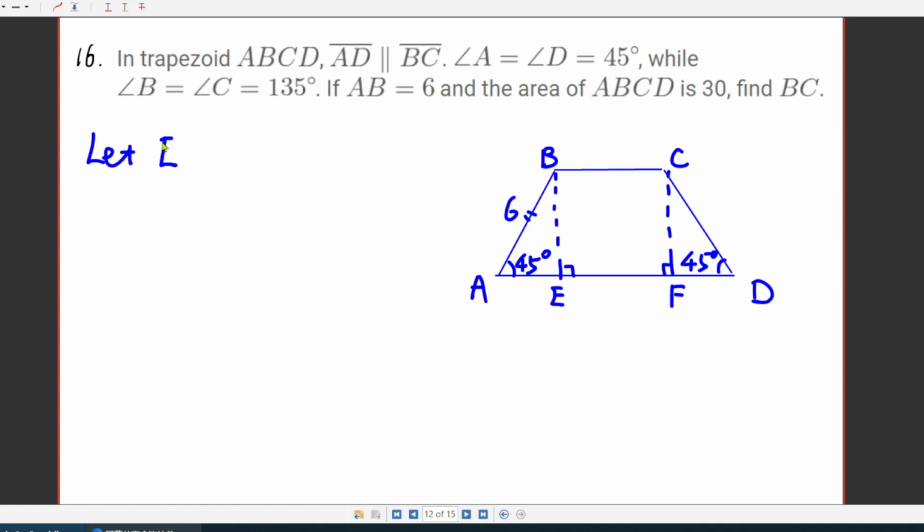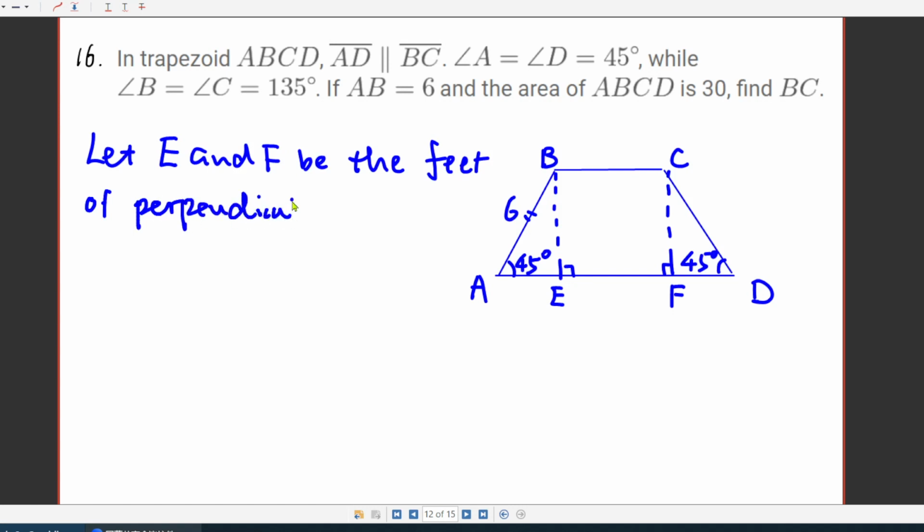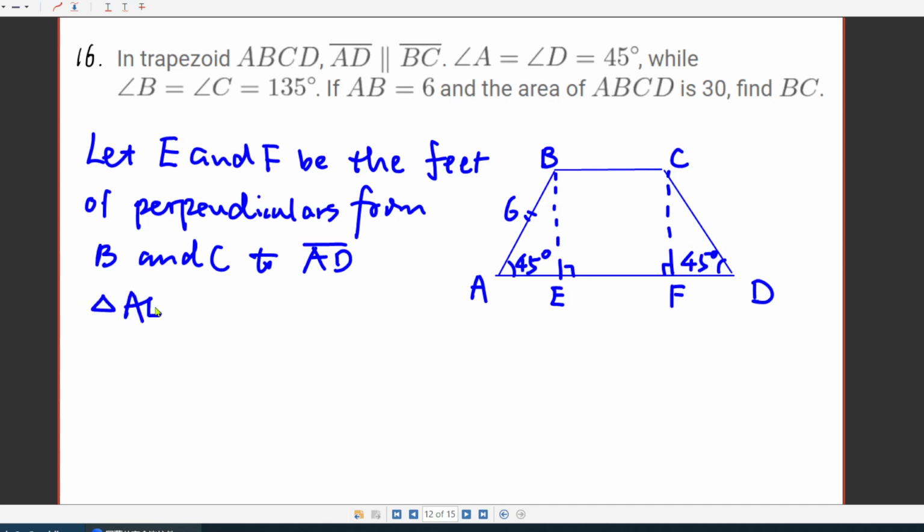So we could say, let E and F be the feet of perpendiculars from B and C to line AD, segment AD. Then triangle AEB and triangle CFB are both 45, 45, 90 right triangles, right?